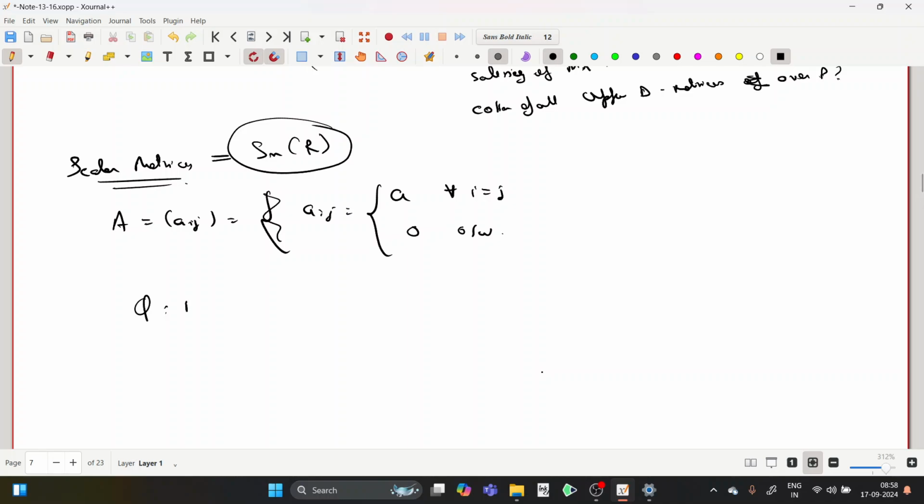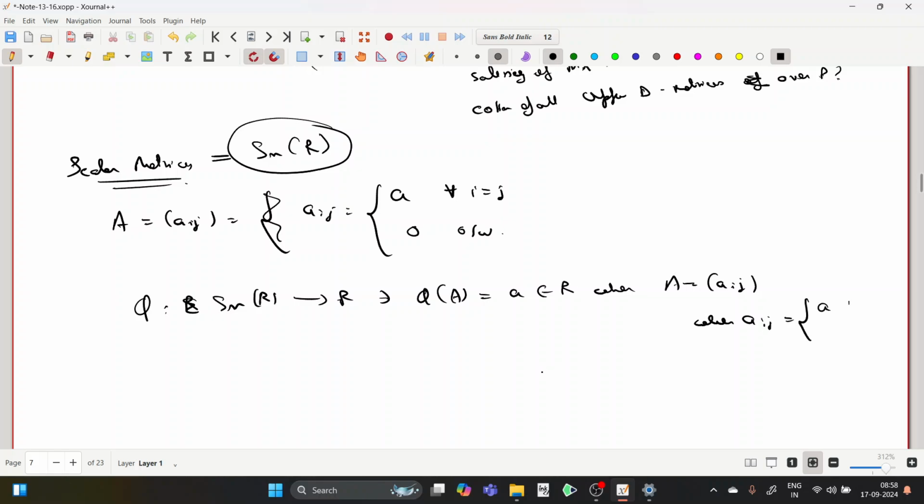I can have a function from S_n(R) to R such that I map each matrix A, whose diagonal entries are the element a, to the element a in R, and the other entries are 0. You can easily see that this gives you an isomorphism. Is it clear?